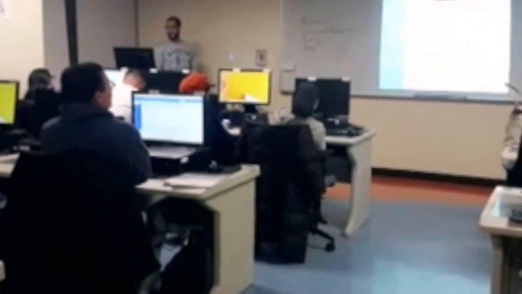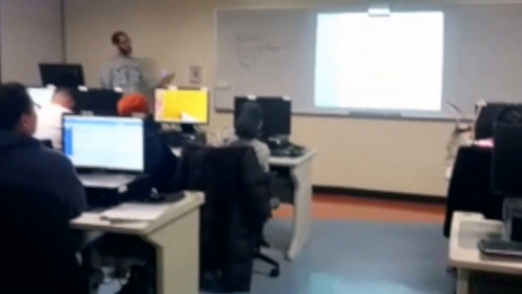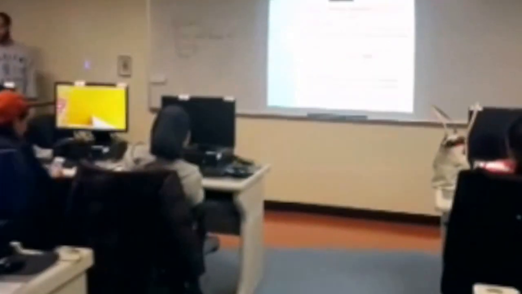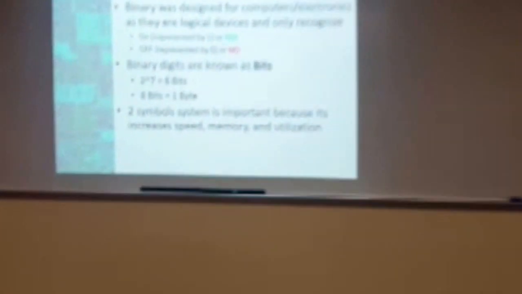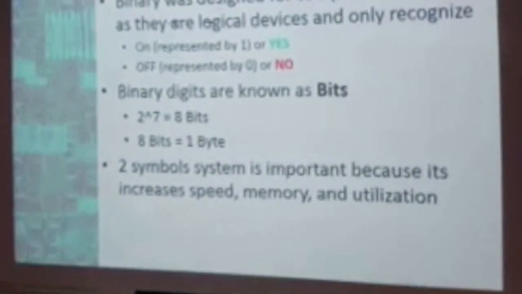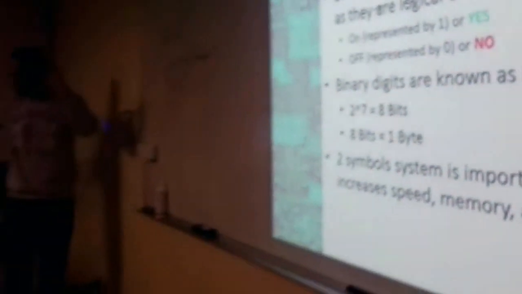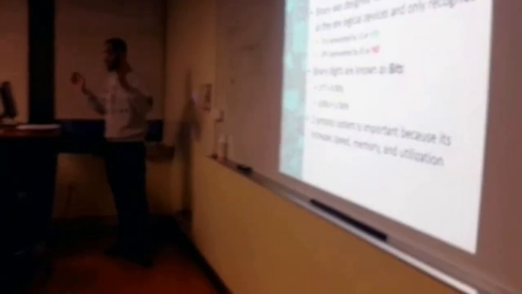Binary numbers were designed for computers and electronics, as they're very logical devices. As I stated, they're either on or they're off. Binary digits are known as bits. An arrangement of 8 bits equals 1 byte.